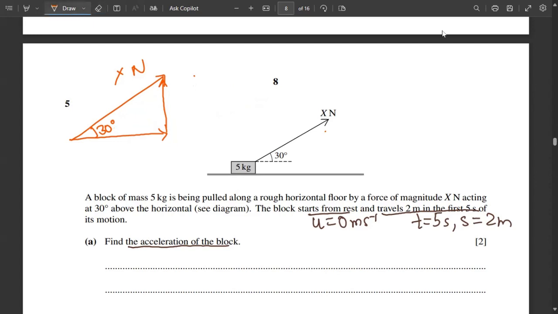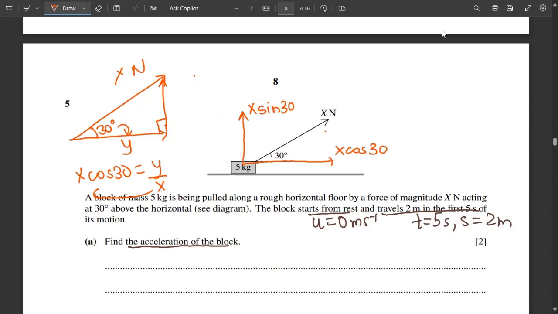The upward force is x sine 30. Similarly, let this be y. So cos 30, this is the adjacent side. So y upon x. Therefore, y is x cos 30.